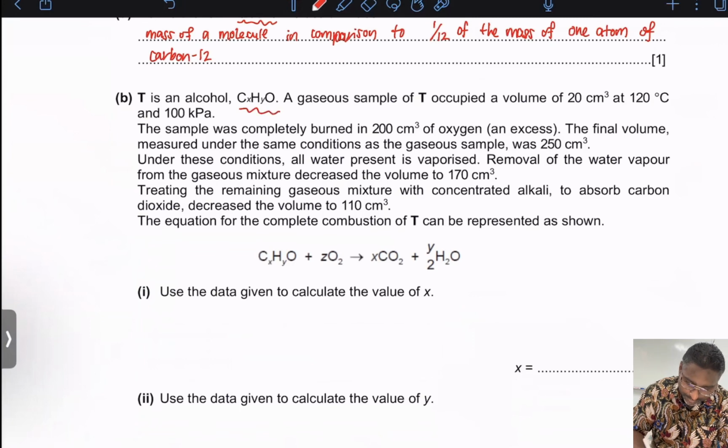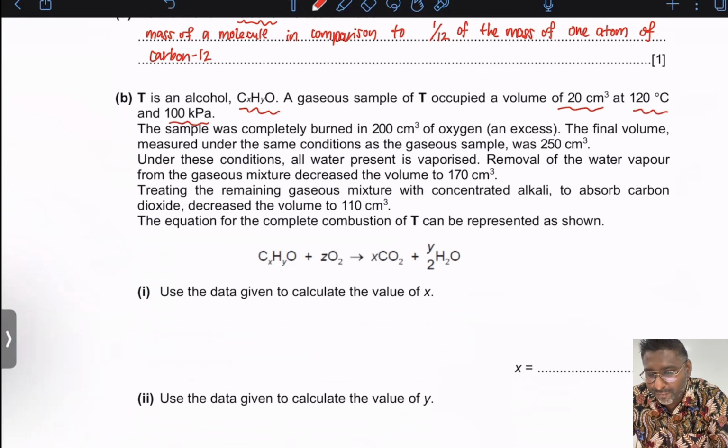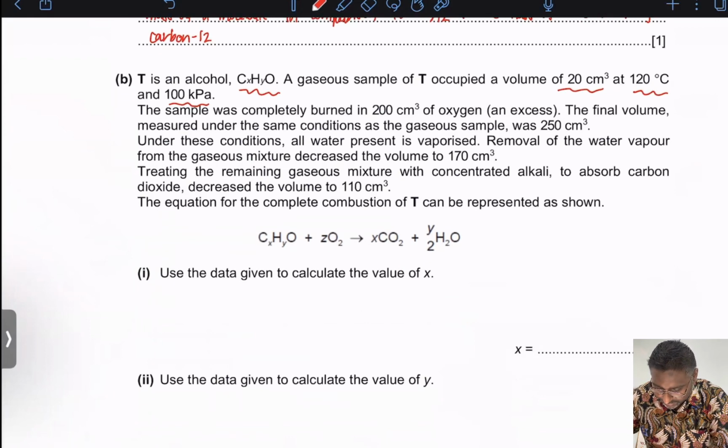Now the next is: T is an alcohol. They give you a gaseous sample occupying this volume, at this temperature and this pressure. Whenever you have all these values, do remember it is maybe related to PV = nRT. But we continue. The sample was completely burned using oxygen. The final volume, measured under the same conditions as the gaseous sample, was 250.